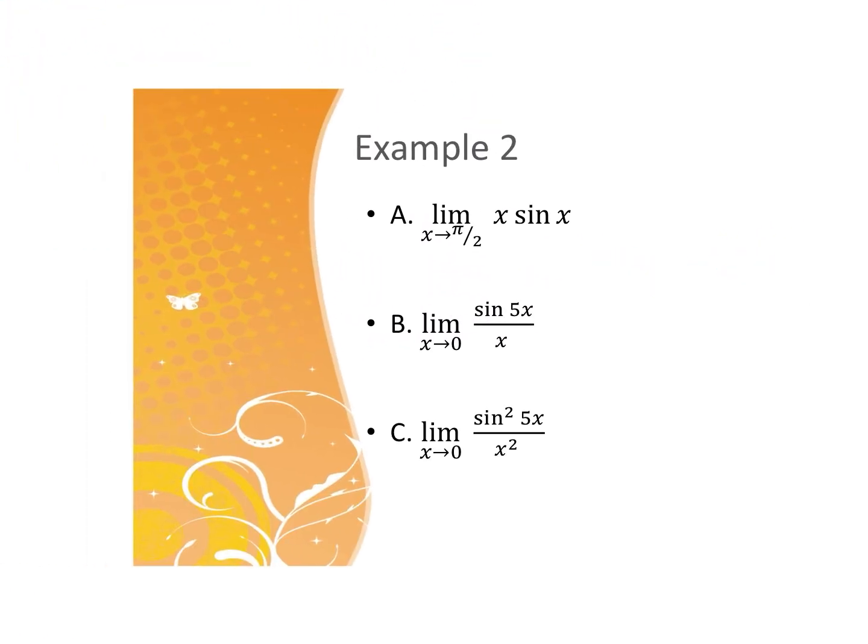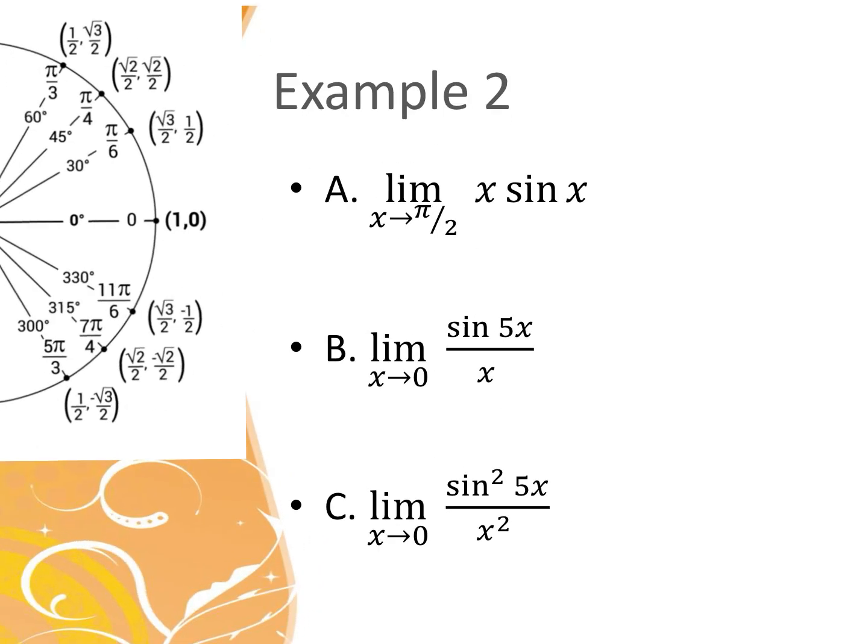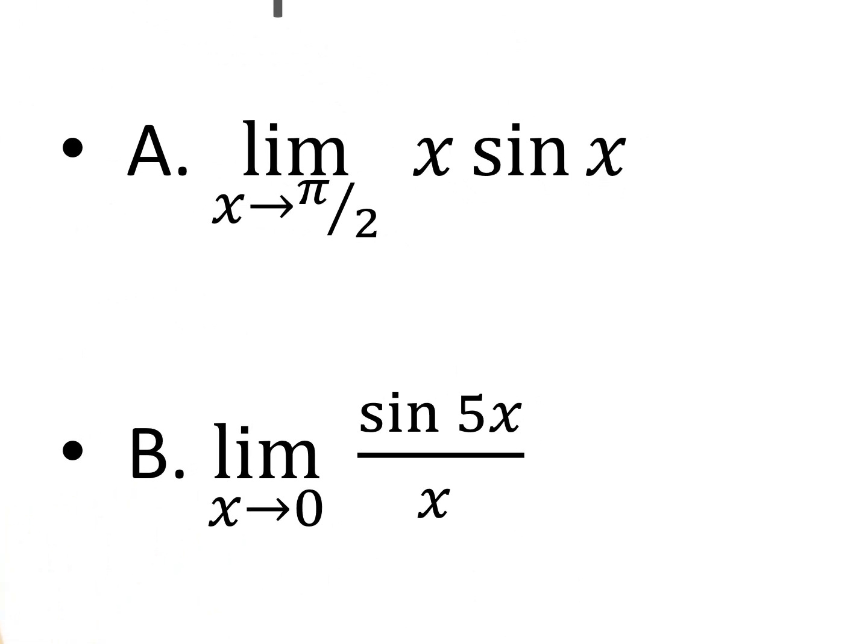Let's look at example 2. I'm going to copy and paste my unit circle in here again. So for number 2, first thing we want to try to do is just plug in our c. Plug in what x approaches. So here we have pi over 2 times sine of pi over 2. Let's find what sine of pi over 2 is.